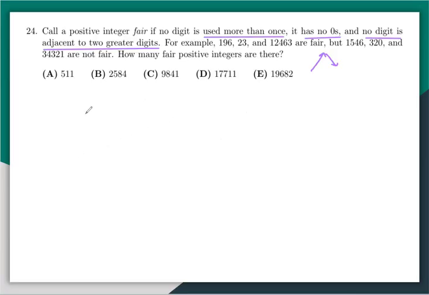So for the first step, I will choose the peak number, the larger number. So we have 1, 2, 3, all the way to 9.